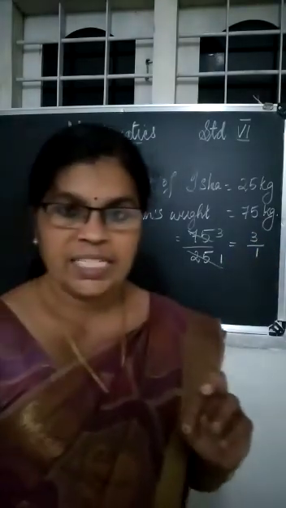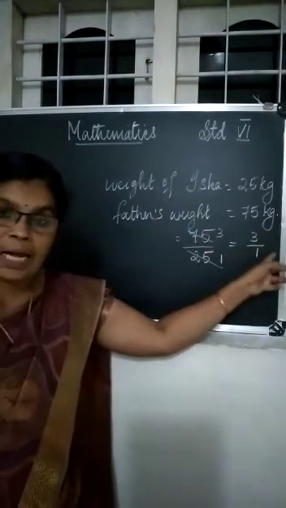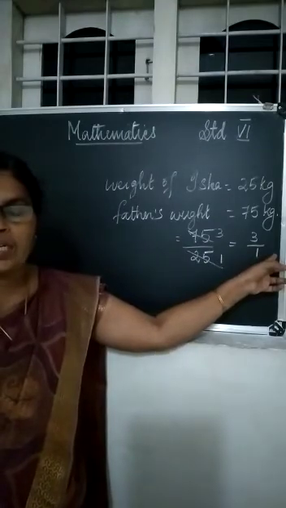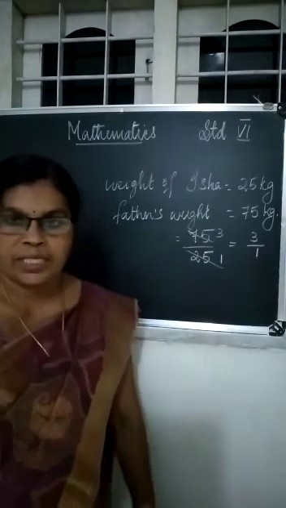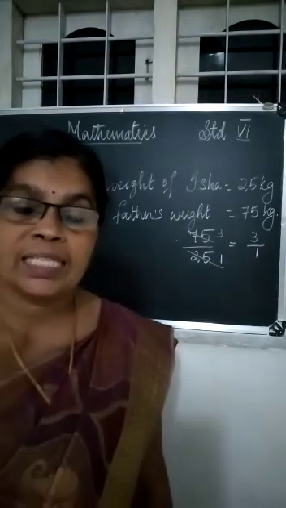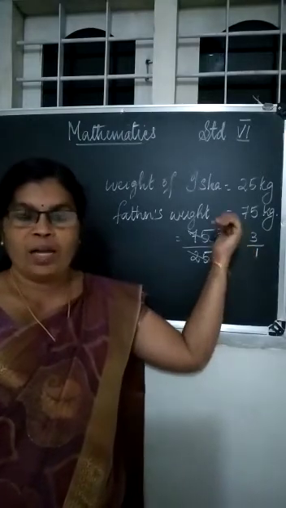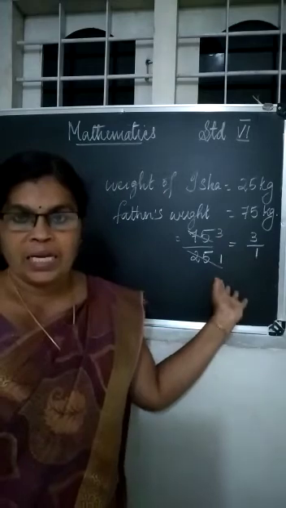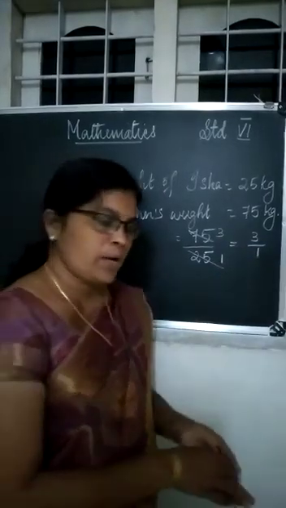From this we can understand Isha's father's weight is 3 times more than Isha's weight. Right? So here also we have compared their weights by the division method. Now let us see one more example.